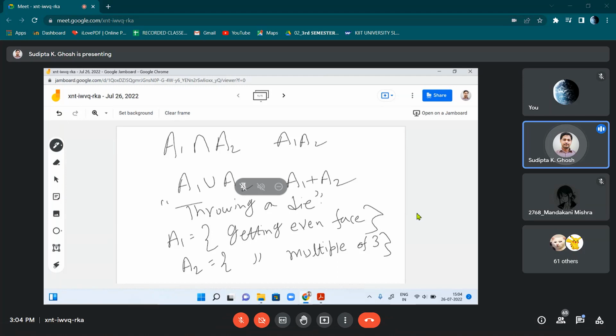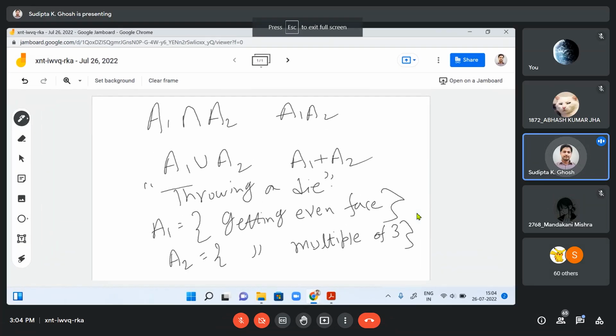Can anyone tell me what is the value of A1 intersection A2 and what is the value of A1 union A2?